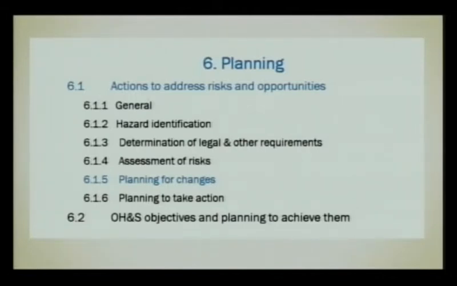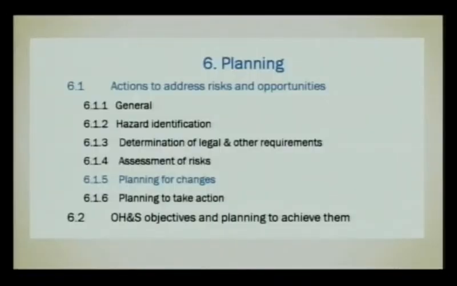So, this clause has subclauses which includes hazard identification, determination of legal and other requirements, assessment of risks, planning for change and planning to take action. Remember that this standard we are discussing about occupational health and safety. So, for a quality management system the title of some of these subclauses would be different, and so also for the environmental management systems. Clause 6.2 would talk about the objectives and how the organization plans to achieve them.